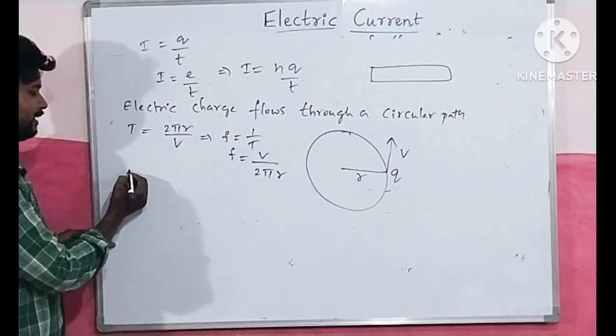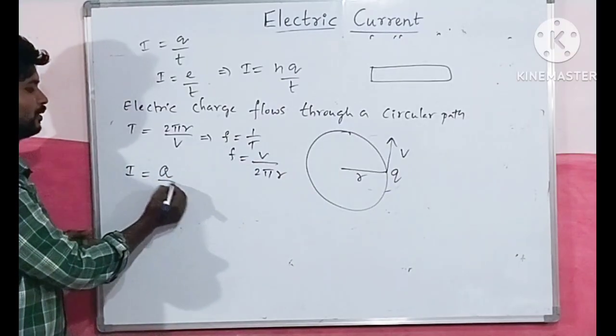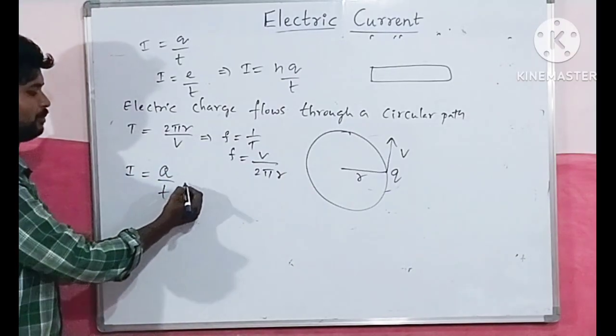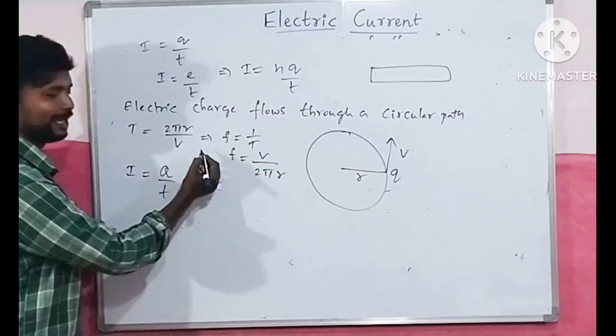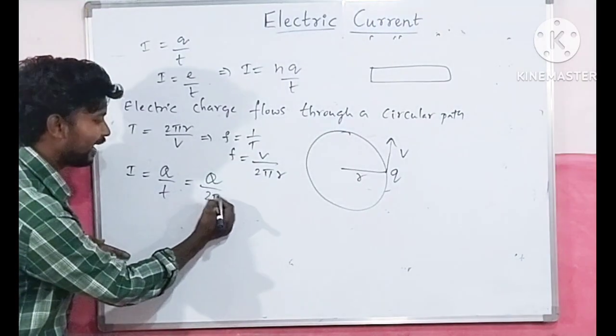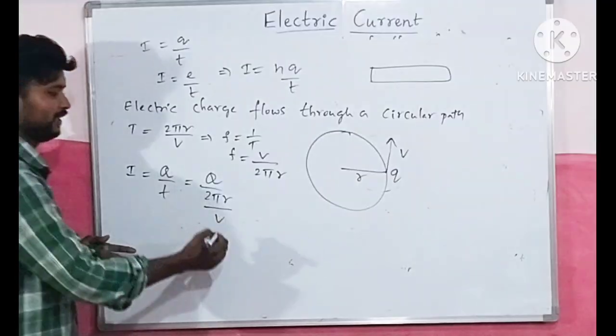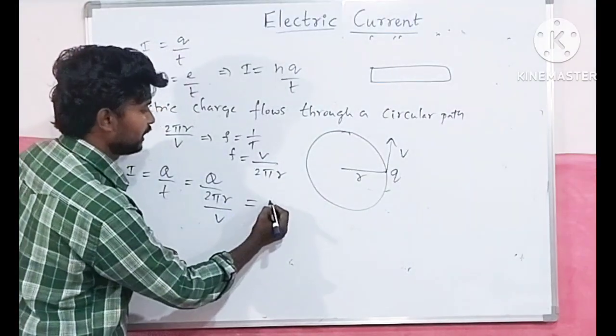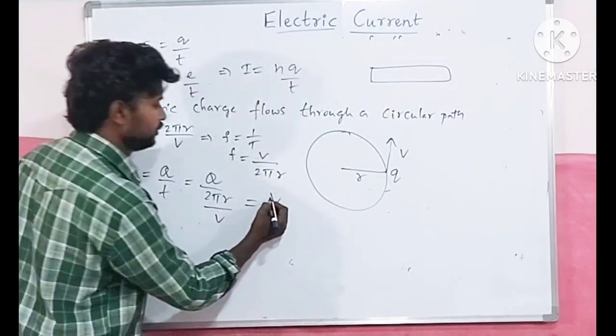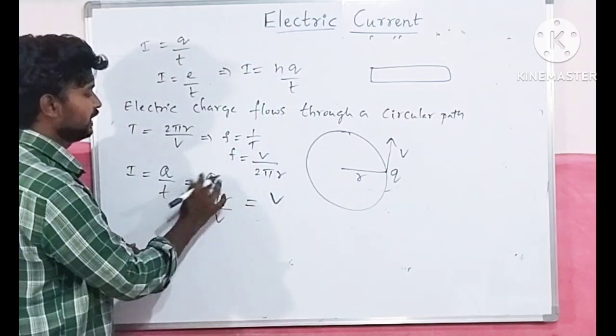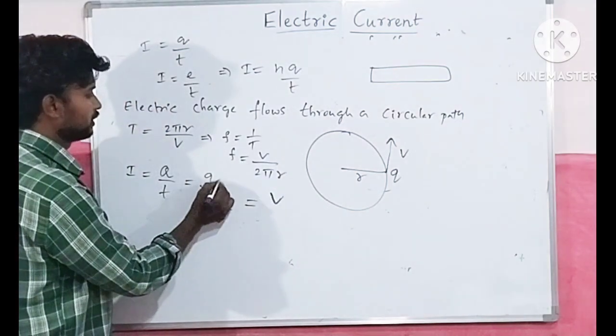Current I equals charge by time. The time is 2 pi R by V, so V goes to the numerator. We take the charge as small q.